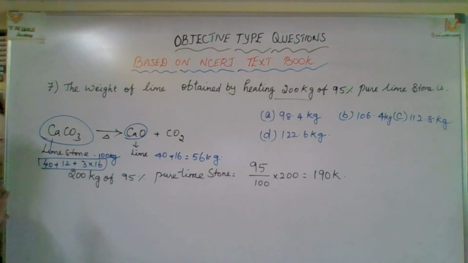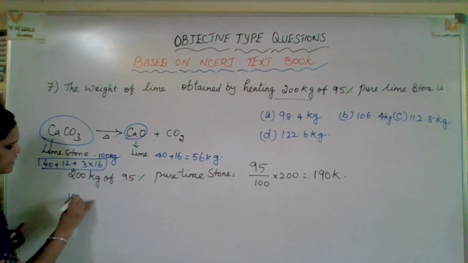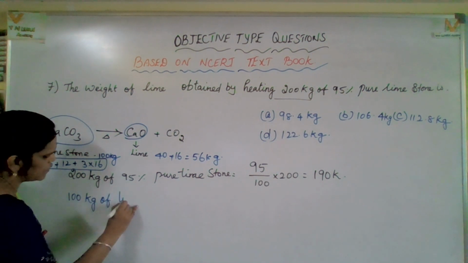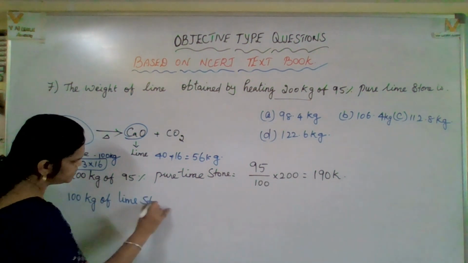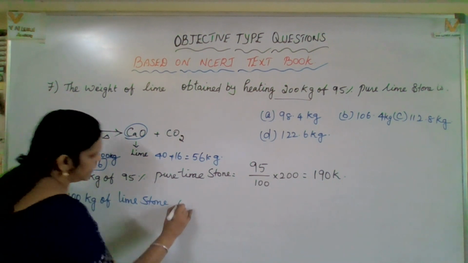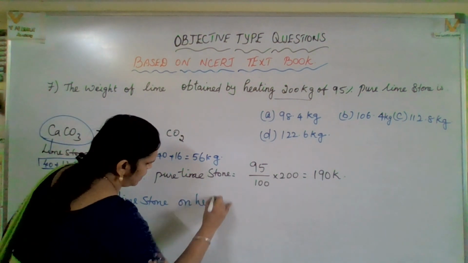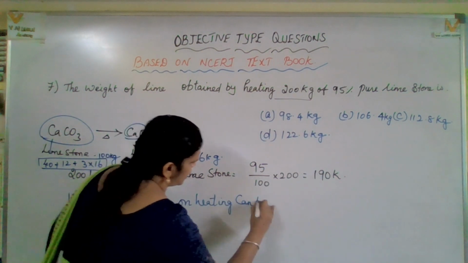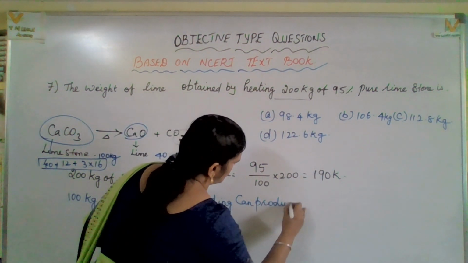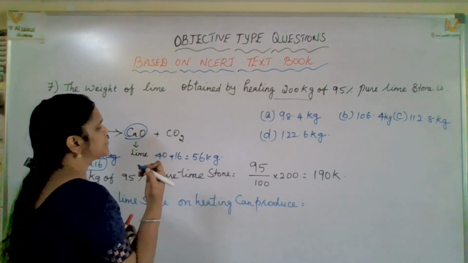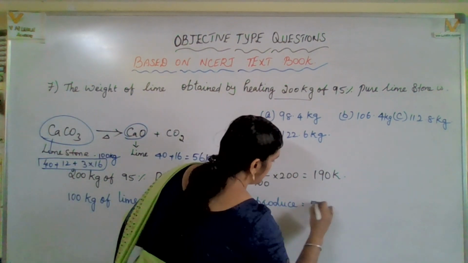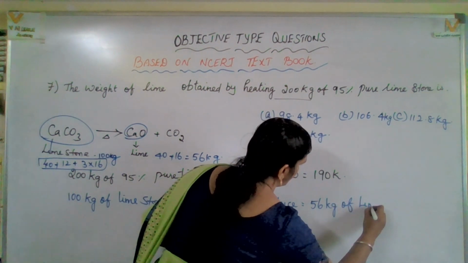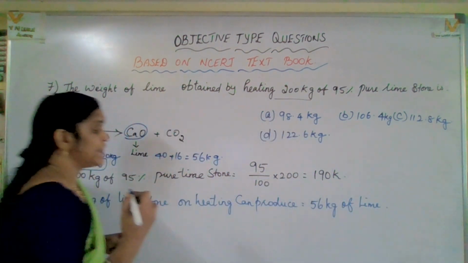Now let us check. So 100 kg of limestone on heating can produce how much lime? 56 kg of lime it produces.